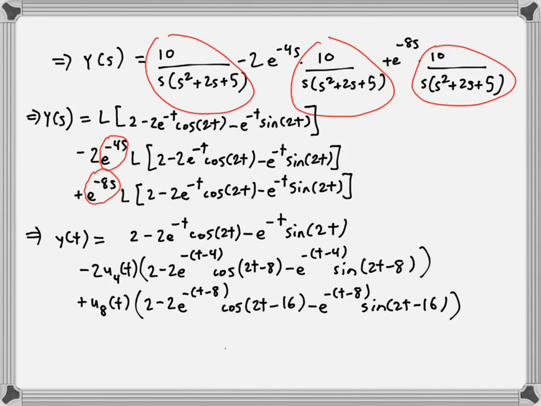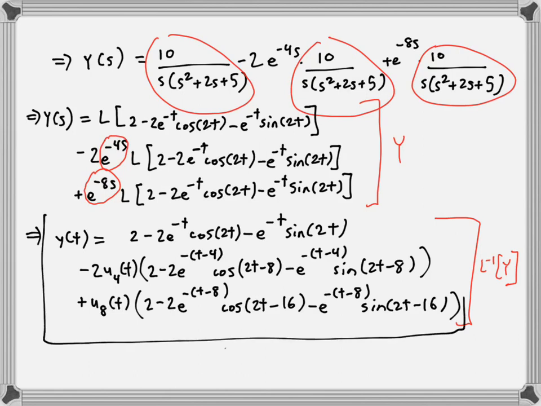Okay, so remember, all of this that we wrote down is Y, and all of this is the Laplace inverse of Y, right? So this is us taking the Laplace inverse, and of course, we did use the second shifting theorem to be able to do this.